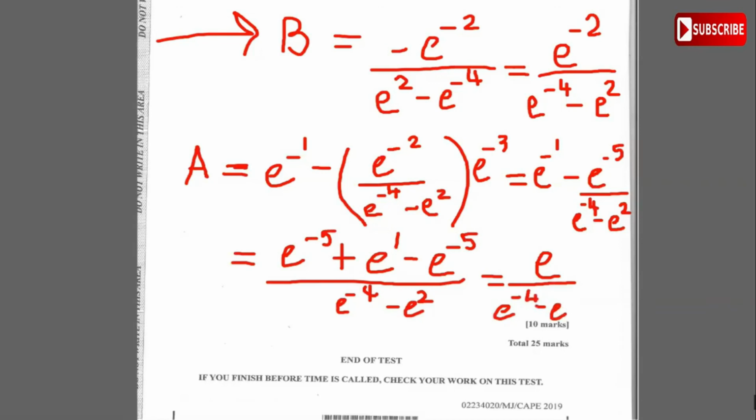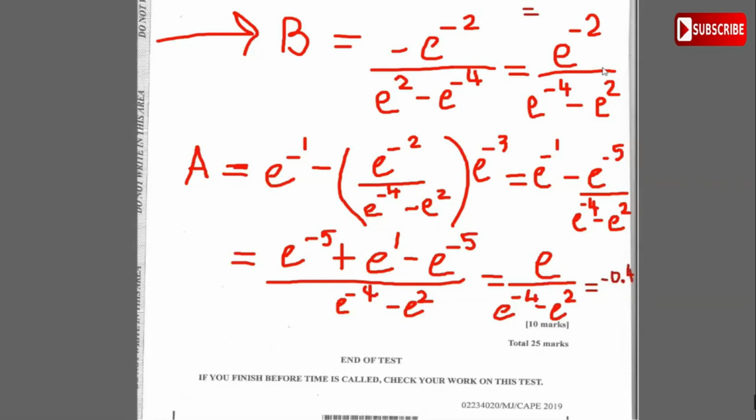Now, I don't know how you prefer to write it. If you like this as a decimal, you can just put it in a calculator and write them as decimals. Putting this as a decimal, it is e to the minus 4 minus e squared, and then e divided by that. In this, I'm getting minus 0.4 or 0.37.